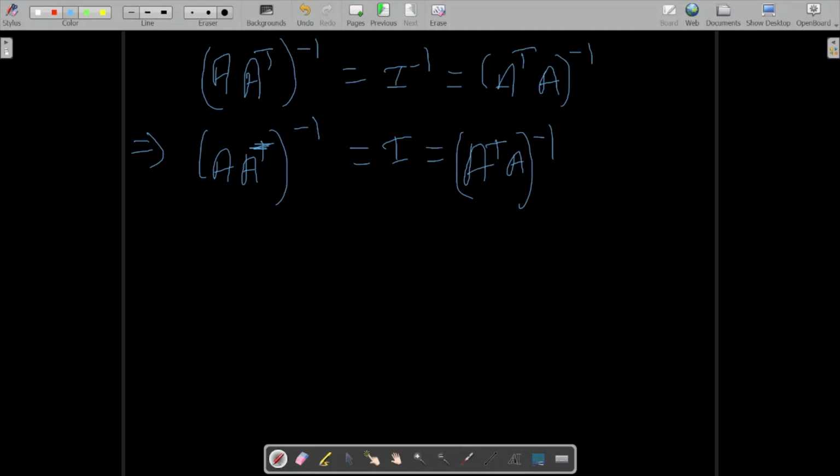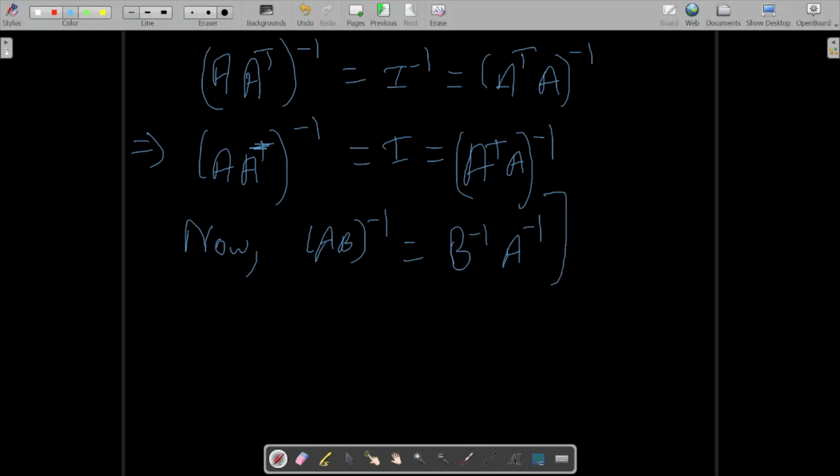We know this very well, that (AB) inverse is equal to B inverse A inverse.